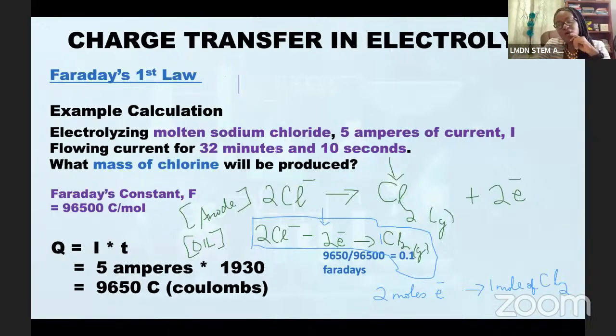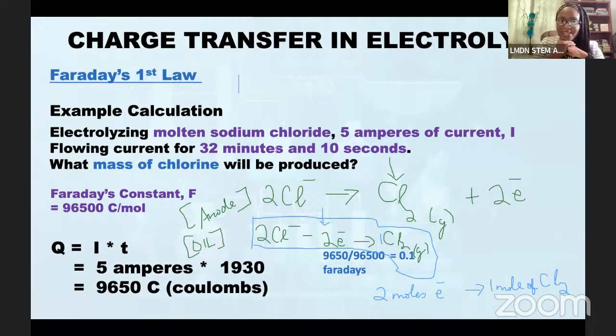Okay, so now what that means is that the stoichiometric equation told us that we have 2 moles of electrons being transferred to give us that 1 mole of chlorine molecule. The Faraday, that number that we calculated right below that equation in blue, is telling us that because of the quantity of electricity that we're transferring, in this particular case we're only moving 0.1 moles of electrons.